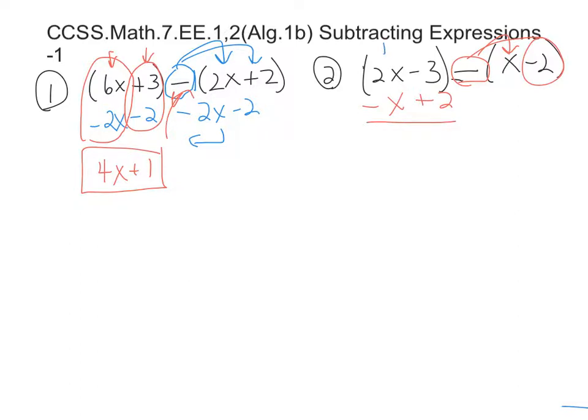And we're going to, 2x minus x is 1x, but 1x is really x. And we have negative 3 plus 2, different signs, so subtract, and we get a 1, and the 3 pulls it. So it is x minus 1.